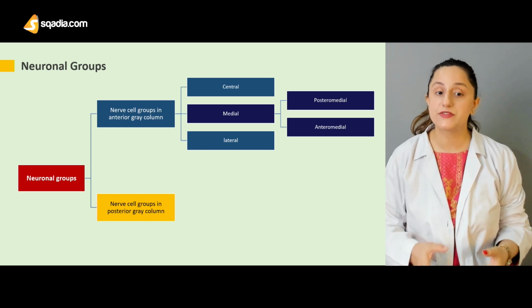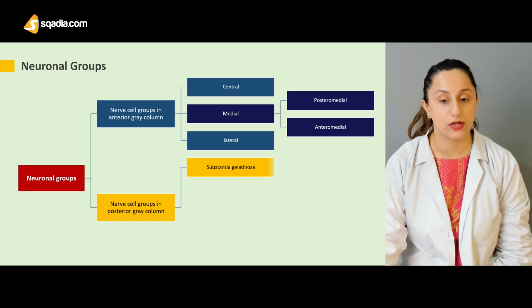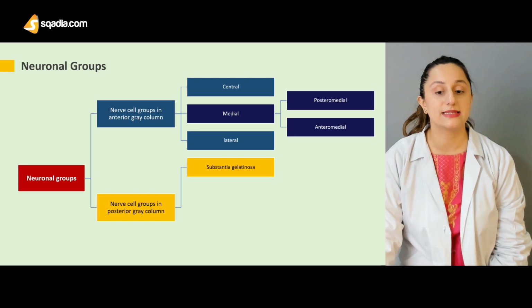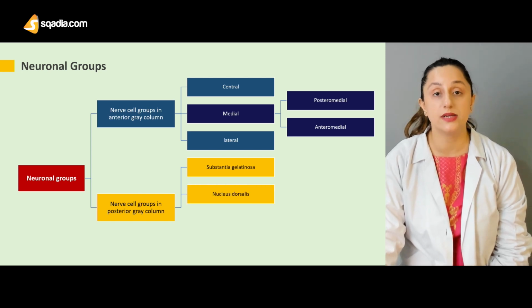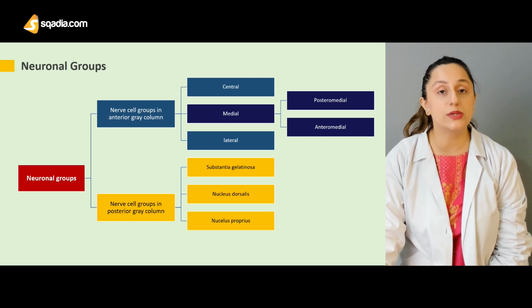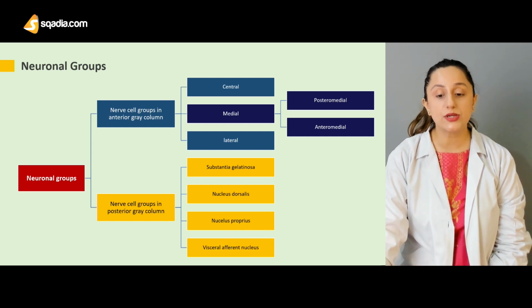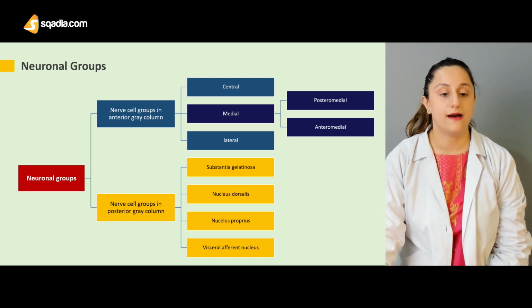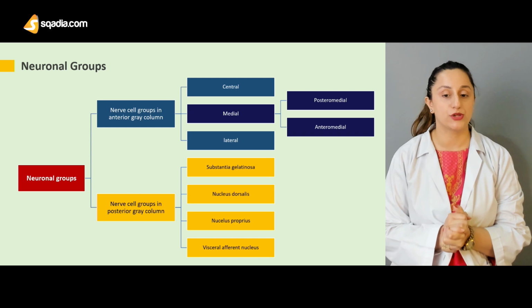Finally, we have the nerve cell groups in the posterior gray column. In the posterior gray column, there is the substantia gelatinosa, the nucleus dorsalis, and then the nucleus proprius. The visceral afferent nuclei are also residing inside this posterior gray column, or gray horn.